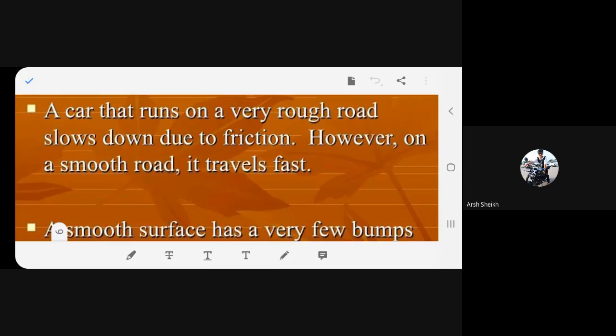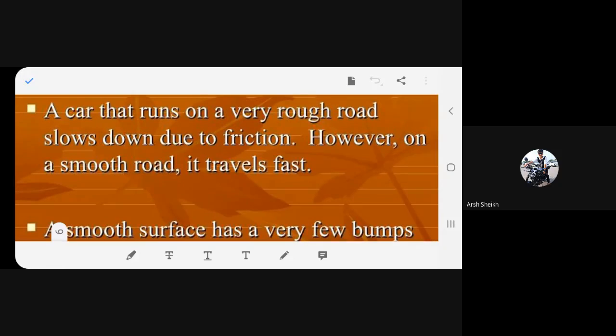There are no speed breakers and no potholes. It's an even concrete road, so the car runs very fast. What about a rough road? If it is a muddy road, a kacha road, it has lots of potholes. It's an uneven road. Do you think a car can move fast?